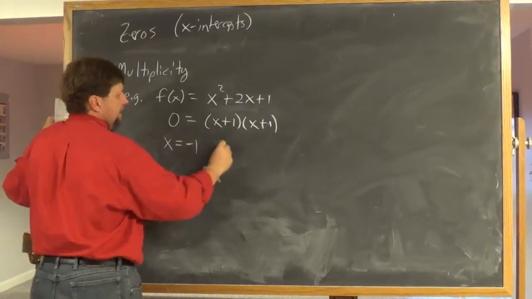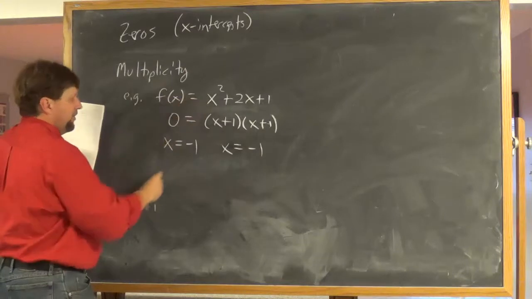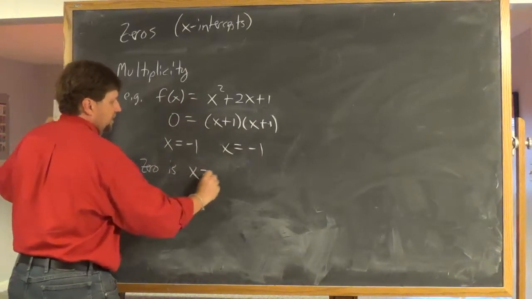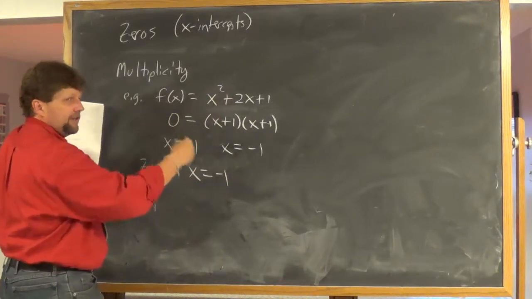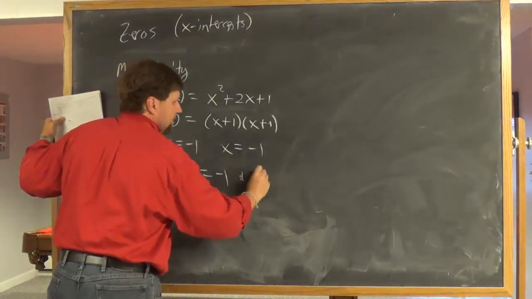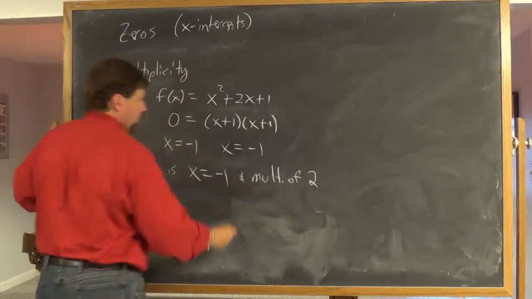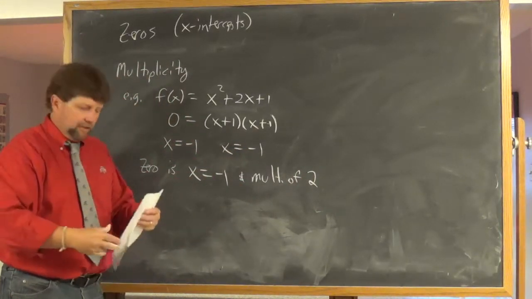I get x is negative 1, x is negative 1. So the zero for this function is negative 1. That's the value of x that makes the function equal 0. And we would say it has multiplicity of 2. It occurs twice. That's what multiplicity means.